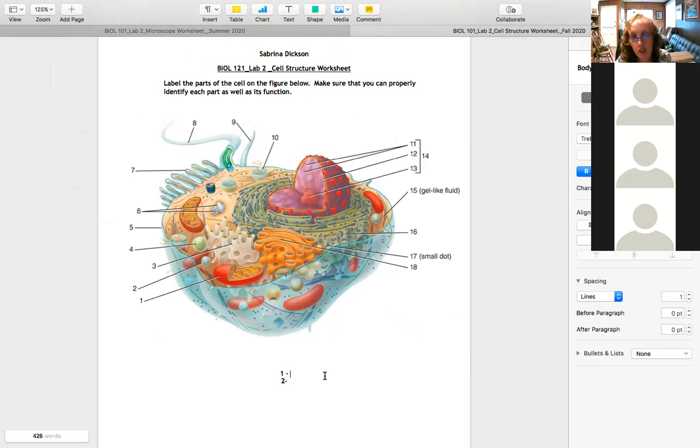It's all in there. I think number one is mitochondria. Mitochondria. I think two is a lysosome. Three is Golgi.